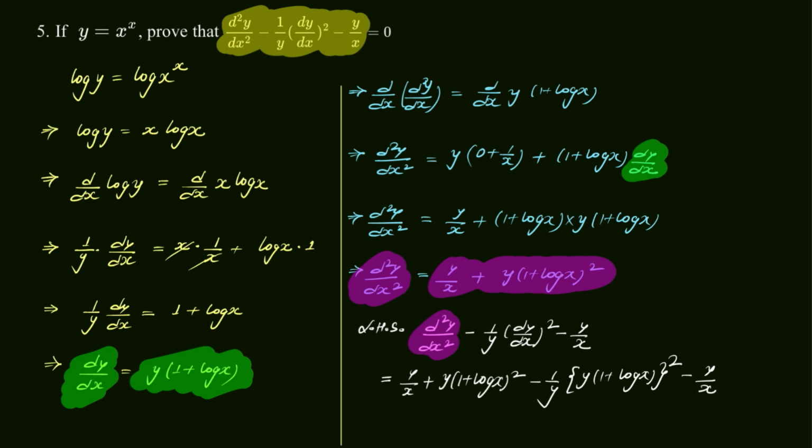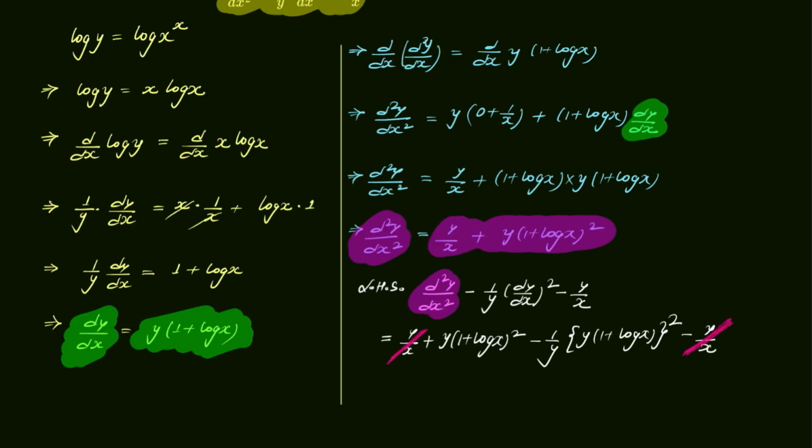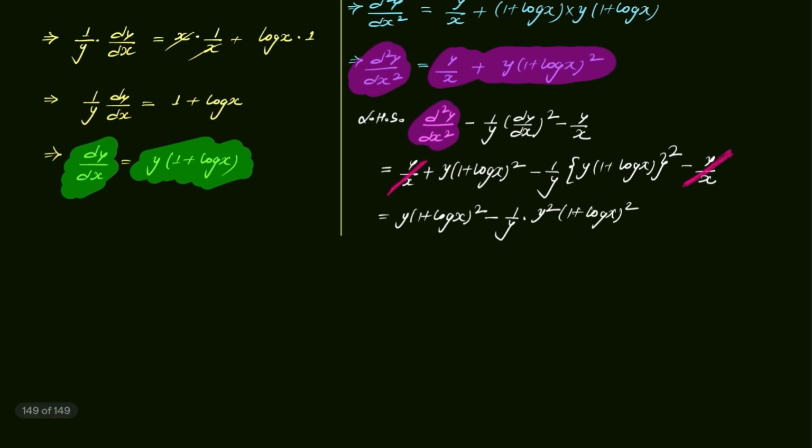Now as you can see, this y/x is positive and this y/x is negative, so they already become 0. And here it will be y into (1 plus log x) whole squared minus 1/y into y squared into (1 plus log x) whole squared.